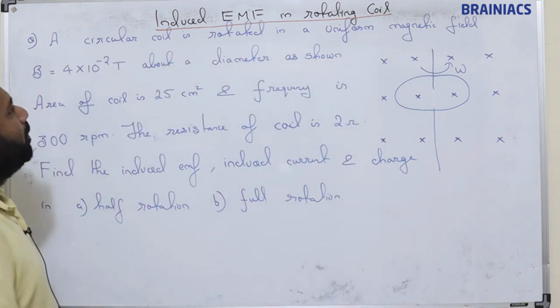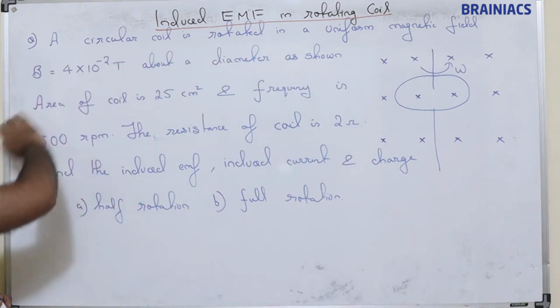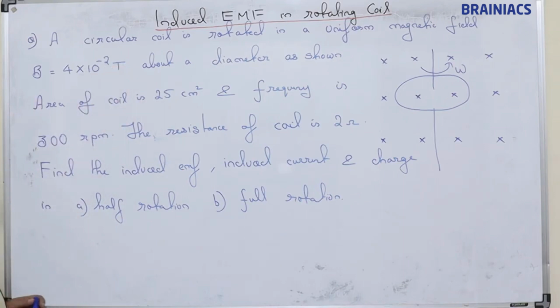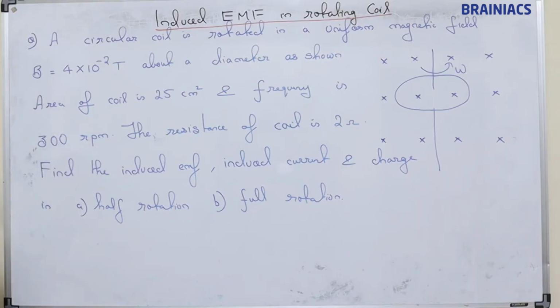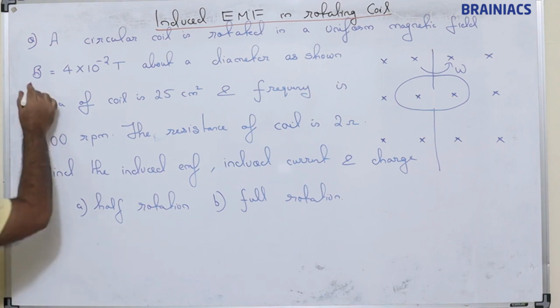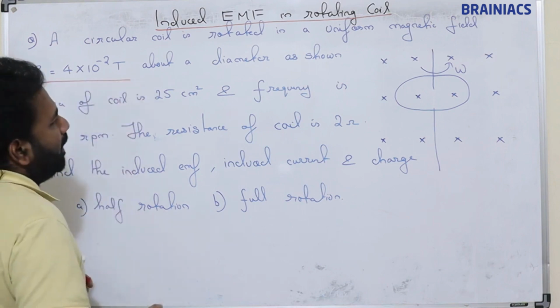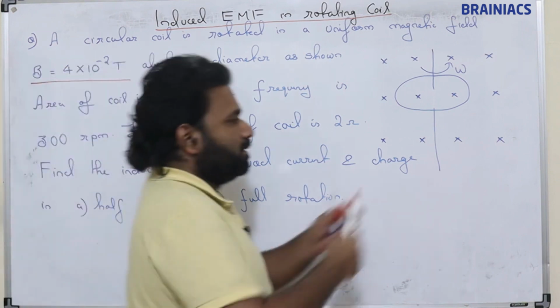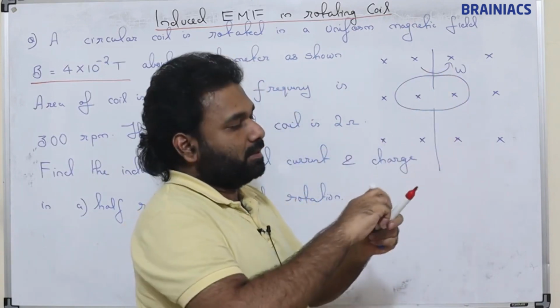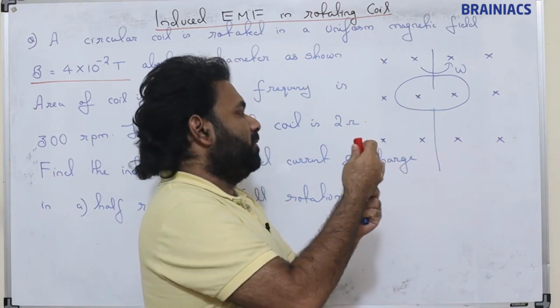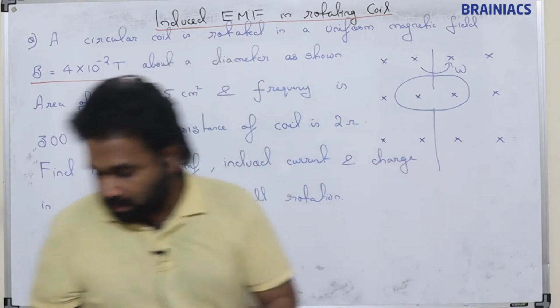The problem is: a circular coil is rotated in a uniform magnetic field B, given as 4 into 10 raised to minus 2 Tesla, about a diameter.